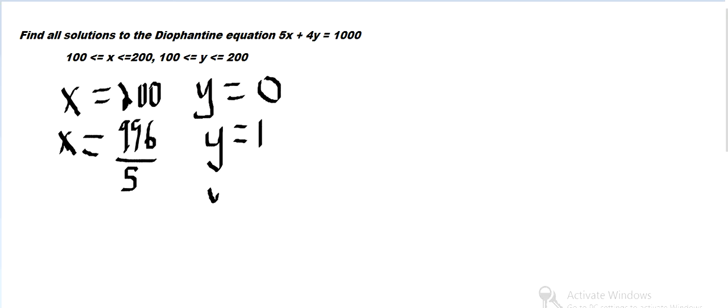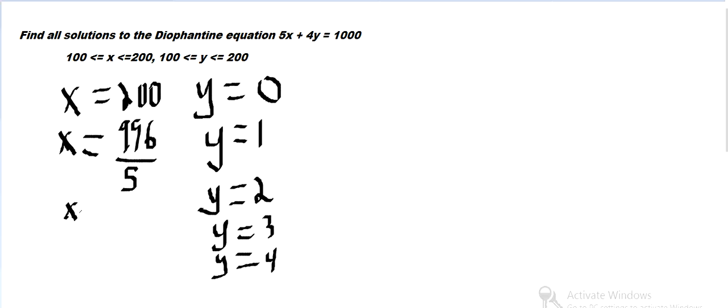And we can continue: y equals 2, y equals 3, y equals 4, those will give, you can check, 992 over 5, and then 988 over 5, 984 over 5. So none of those are solutions because these aren't integers.